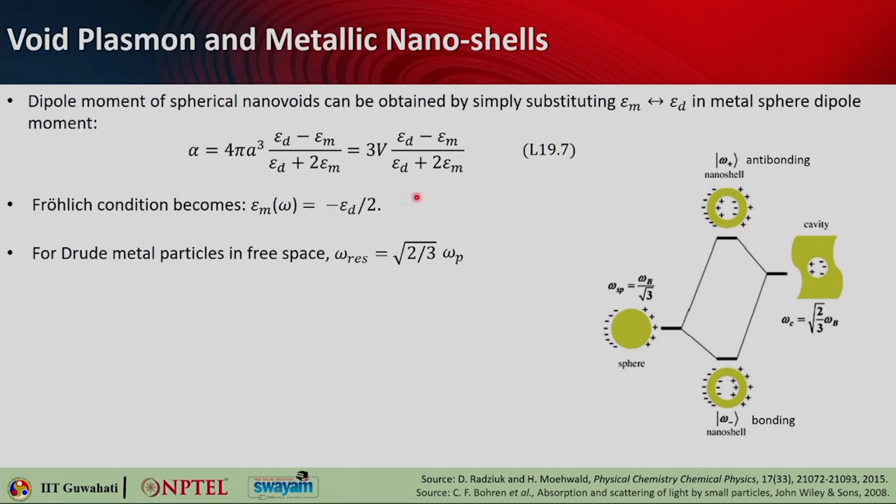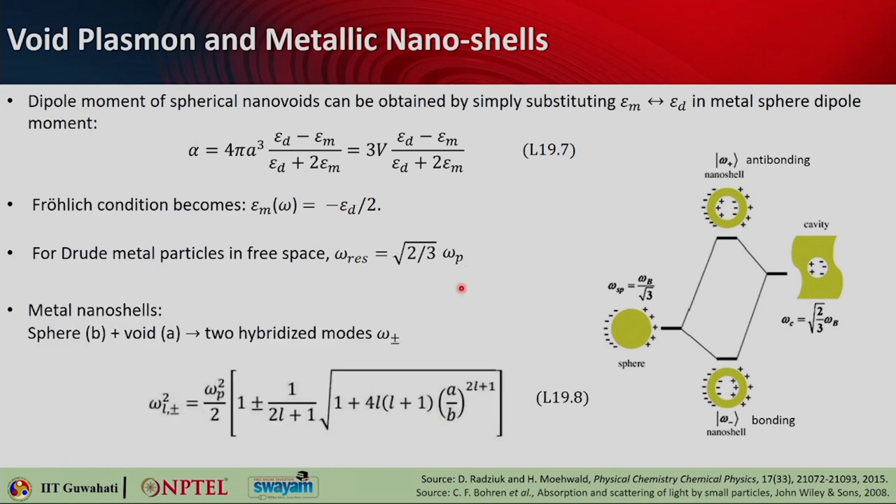So, it becomes epsilon d plus 2 epsilon m equals 0, or you can write epsilon m omega equals minus epsilon d over 2. That means you can also find out what the resonance frequency is, that comes out to be square root of 2 by 3 omega p. That is the resonance frequency for void plasmons, which is also different.